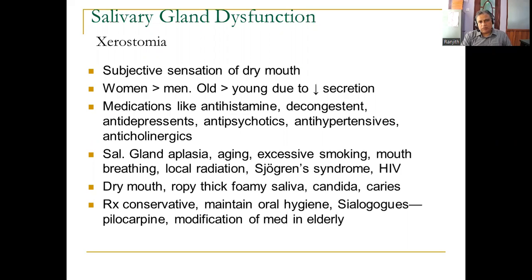Maintain oral hygiene, prevent caries and candida and other infections in the oral cavity. Sialagogues, certain drugs that can increase saliva secretion like pilocarpine, are also administered, along with modification of medication in people who are taking xerostomia-inducing medication.